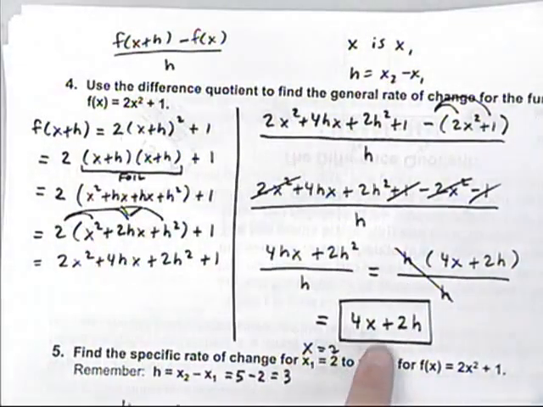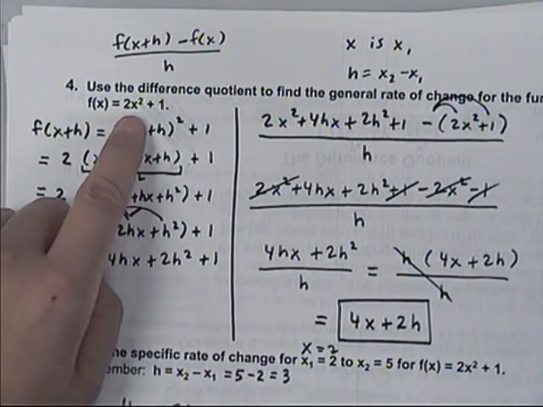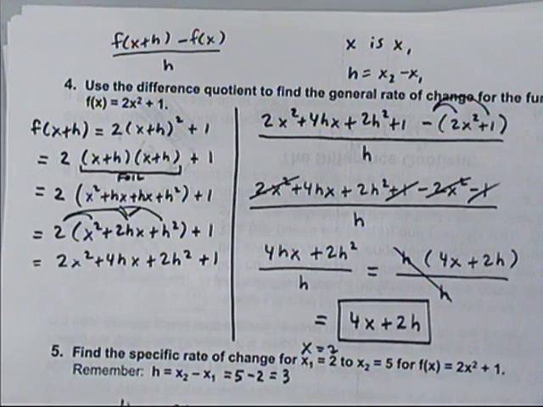Now, like I said, this is a formula that we were just creating, and that formula helps you find the slope, or the rate of change, as it's also known, for only this function, 2x squared plus 1.